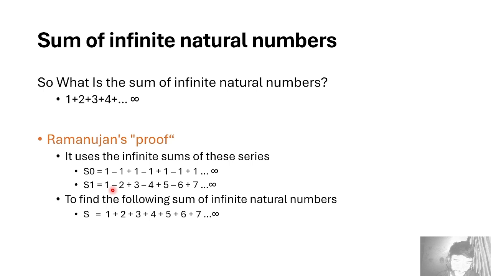Although it seems the same as the sum of the natural numbers, the sign alternates between negative and positive. So we first need to find the infinite sum of these series, and only then can we find the infinite sum of the natural numbers, right?